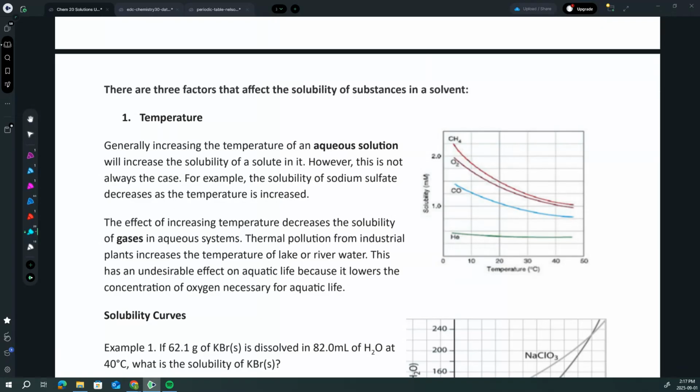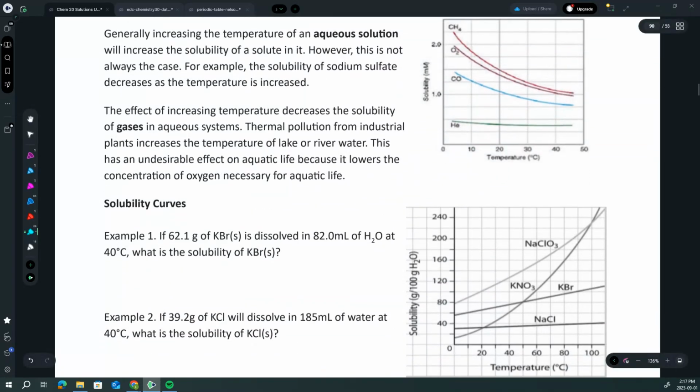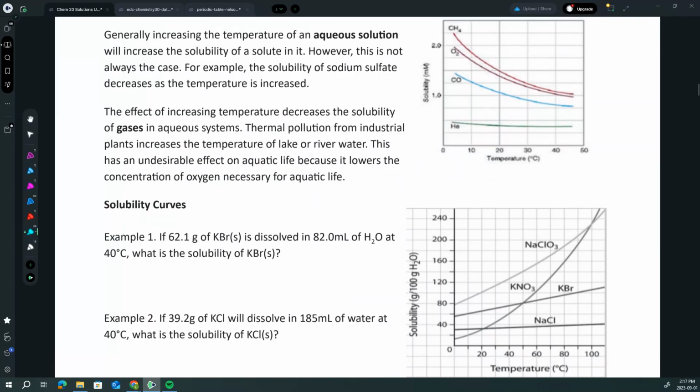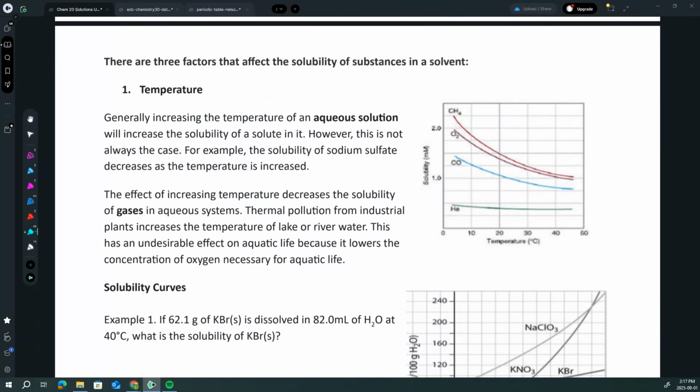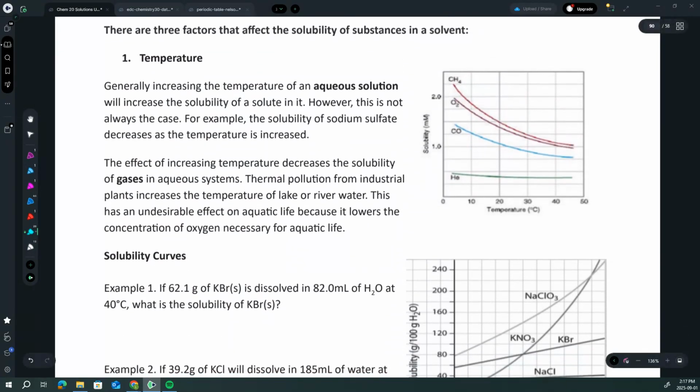For example, the solubility of sodium sulfate actually decreases as the temperature is increased. Now, unfortunately, sodium sulfate is not on one of these solubility curves off to the side here, but that's okay. Now, the effect of increasing temperature decreases the solubility of gases in aqueous solutions.